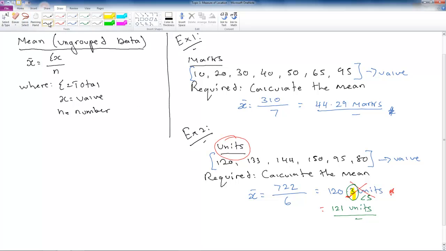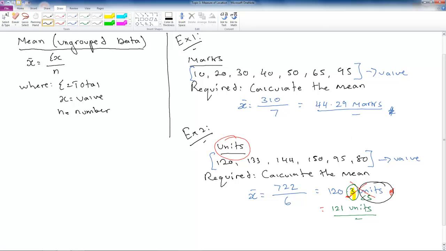Why? Because let me give you an example. If you calculate a laptop or computer or monitor or whatever, if you want to calculate a laptop average for the laptops, and you get 120.3 or something like that, 120.3 units of laptop. Can you take a laptop and break it into half? You can't. So you must add on one more, even though it is less than 5. This is only applicable for units.